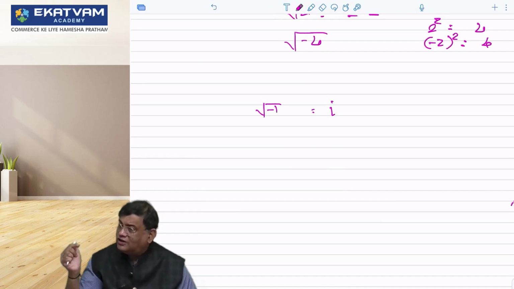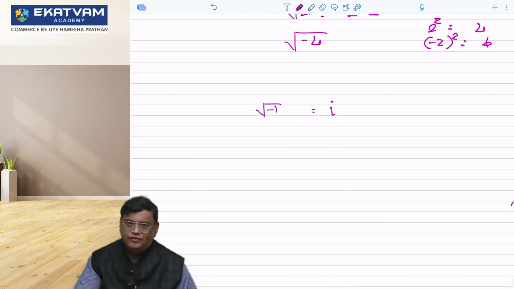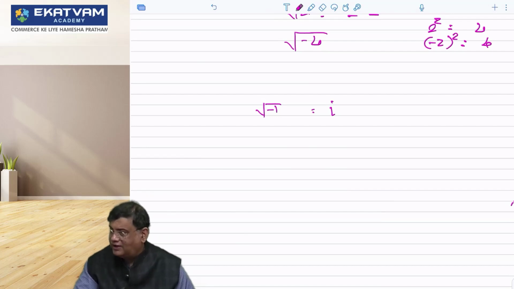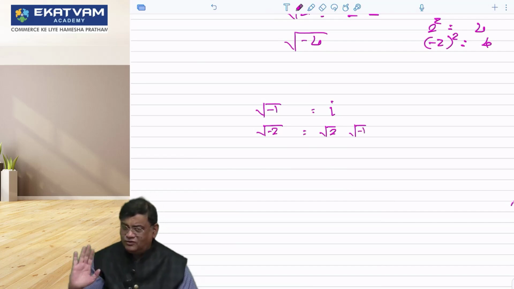This is called an imaginary number. So if you have the square root of minus 2, then you can split this as root 2 into root of minus 1. You can split the root.